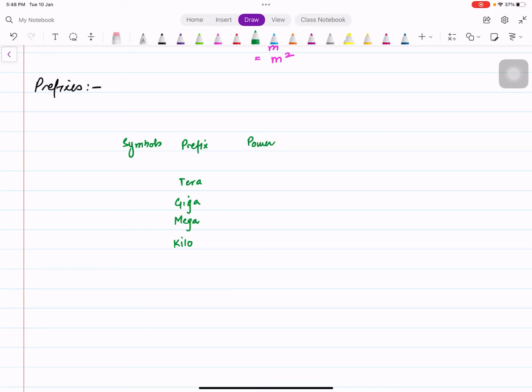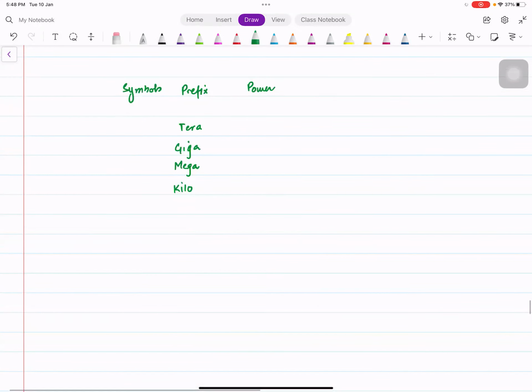Okay. So the smaller ones are deci, centi, milli, micro, nano, pico. Now, kilo is K, mega is M, giga is G, tera is T. They're all capitals.